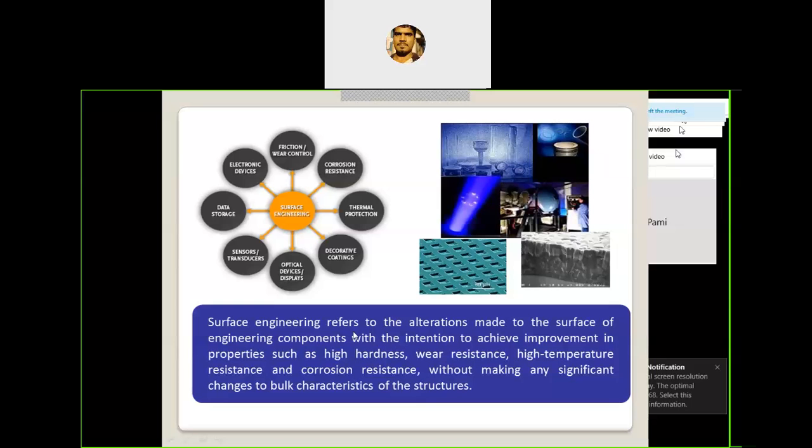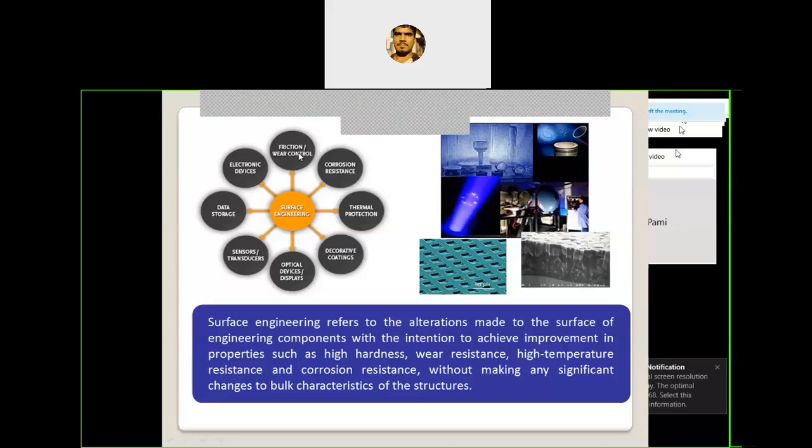So why do we use surface engineering? Just to enhance the important, desirable properties. This surface engineering is a combination of, say, friction and wear control.